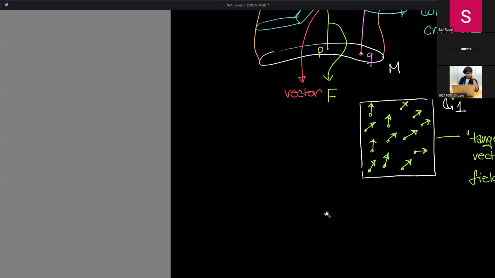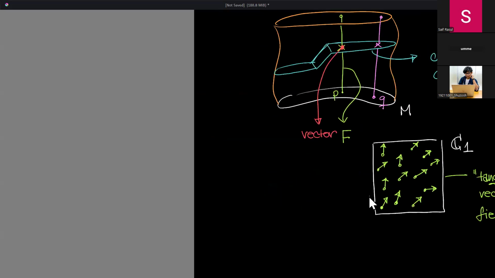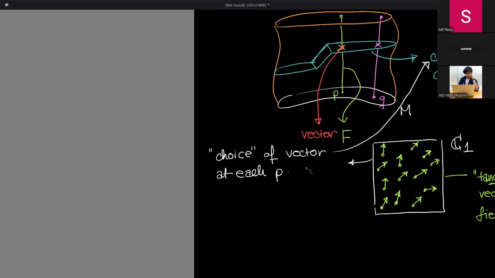Okay, so what essentially is a section? Well, it's like a choice. It's a choice of vector in a continuous fashion. So notice that this has to be continuous. It's a choice of vector at each p element of M. So how do we choose something? The way we choose something is we use a function, and the function's output for each point will give us the choice, right?